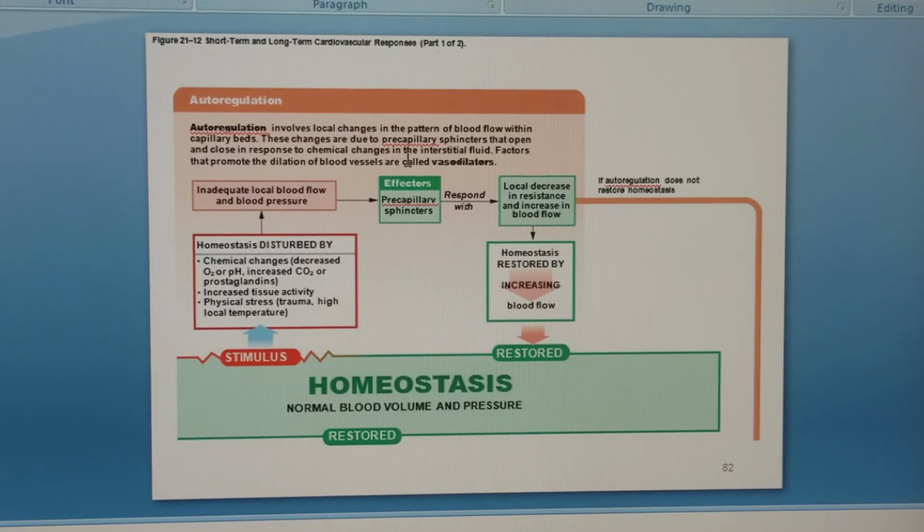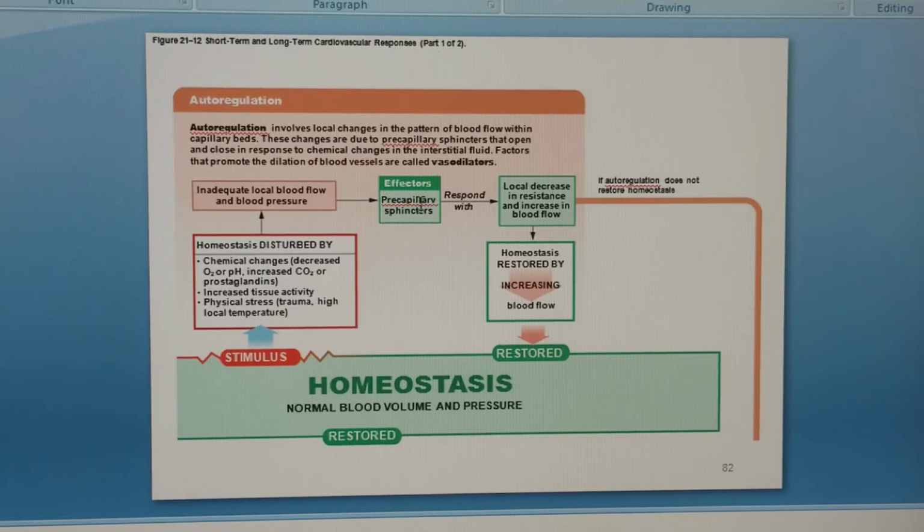Looking at autoregulation and homeostasis, we have a stimulus which disrupts homeostasis, producing an inadequate local blood flow and blood pressure. The sensors pick up the information and send it to the brain, which sends out the effectors.